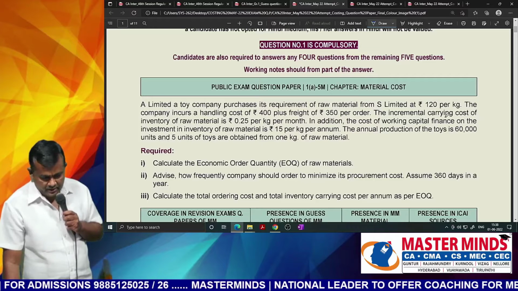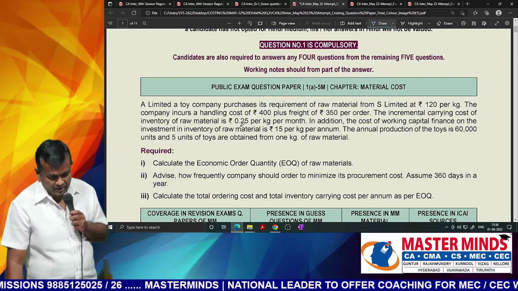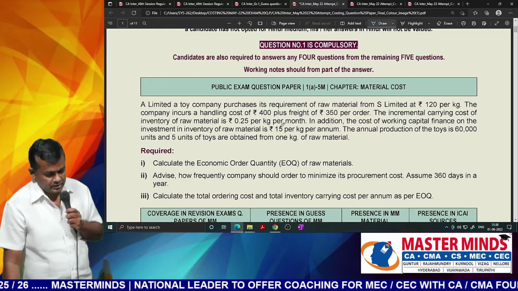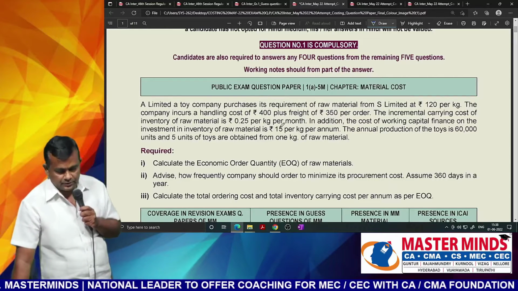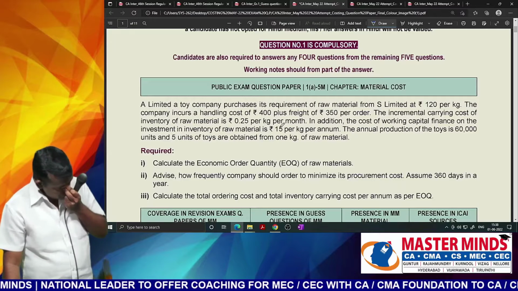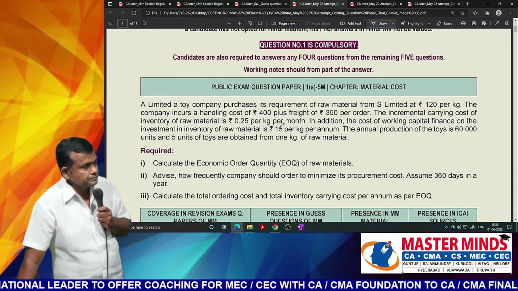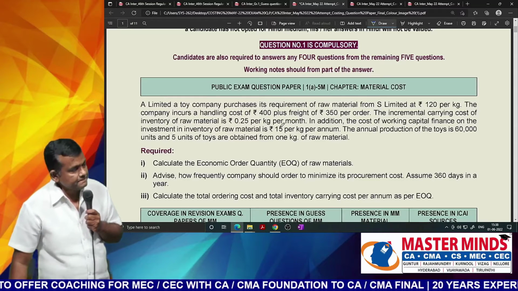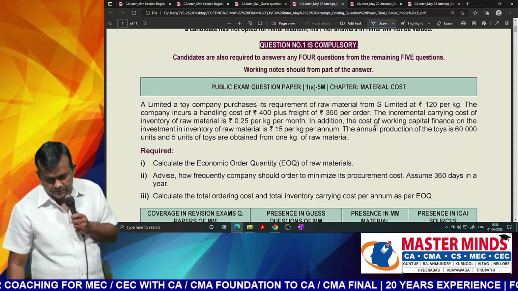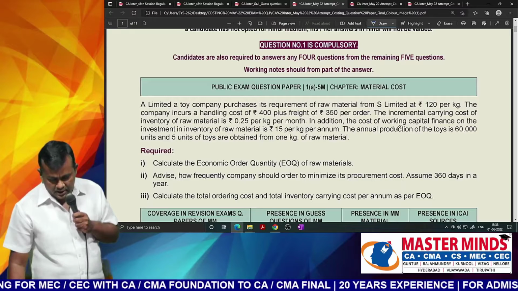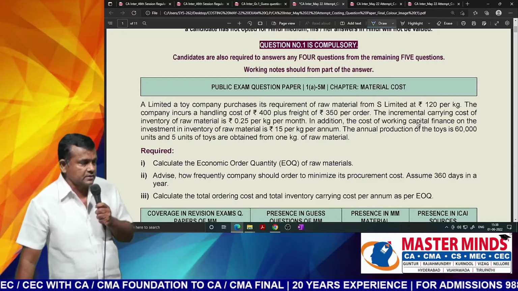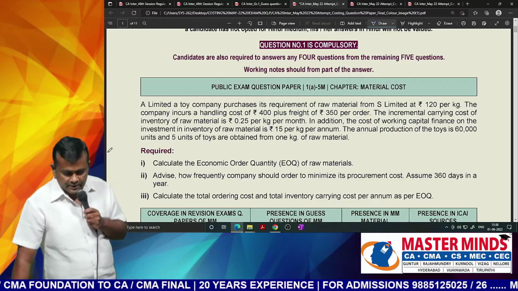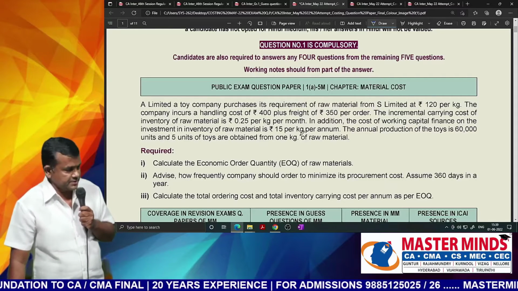So incremental carrying cost of inventory of raw material is 0.25 per kg per month. So converted into per annum, 0.25 into 12, 3 rupees. So that is denoted by T. Next, in addition, the cost of working capital finance, that is the interest on capital invested in raw material purchase cost, is 15 rupees per kg per annum.